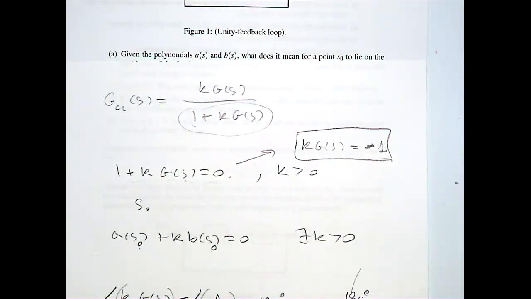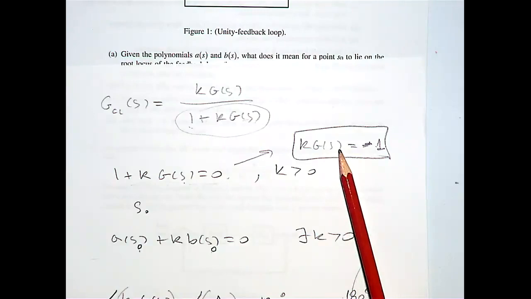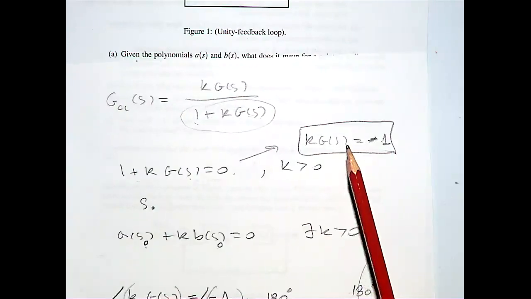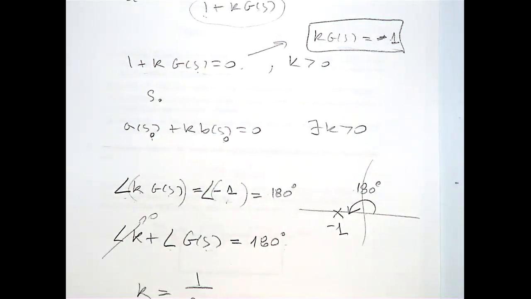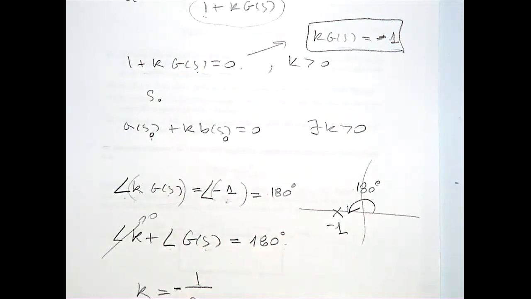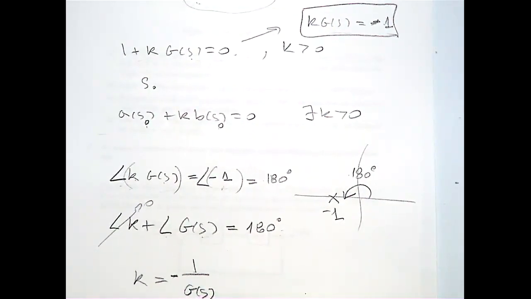So what is the gain condition? The magnitude of the left-hand side should be equal to the magnitude of the right-hand side. I can divide by G of S, so from this same equation, K is minus 1 over G of S. Since K is positive, the norm of K is equal to K, that's the assumption.